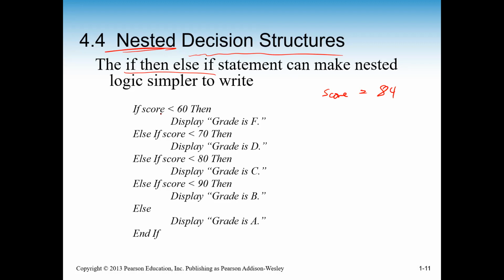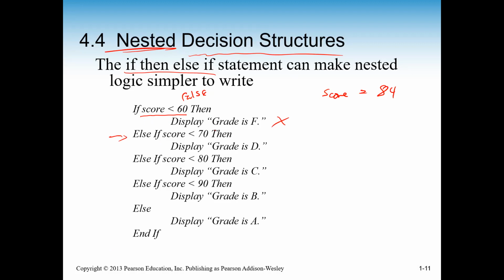So notice the logic here. If the score is less than 60, you're going to evaluate that Boolean expression: is 84 less than 60? No. So that's false. So you don't go in this direction. Now you go in this direction, and it's going to say if score, which is 84, is less than 70.